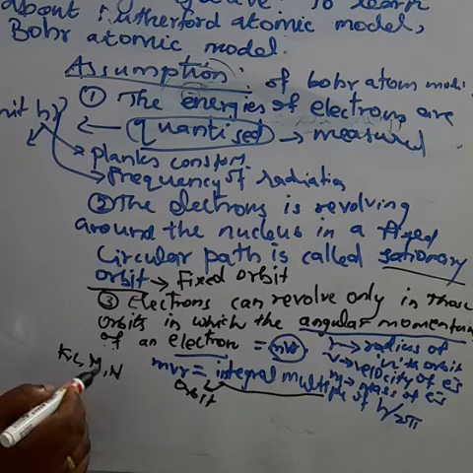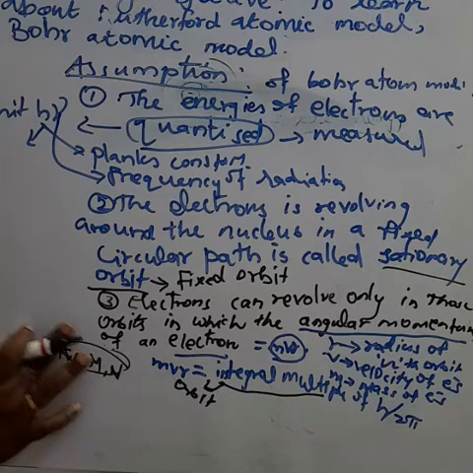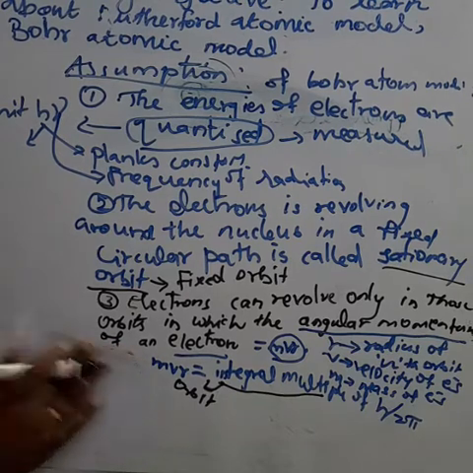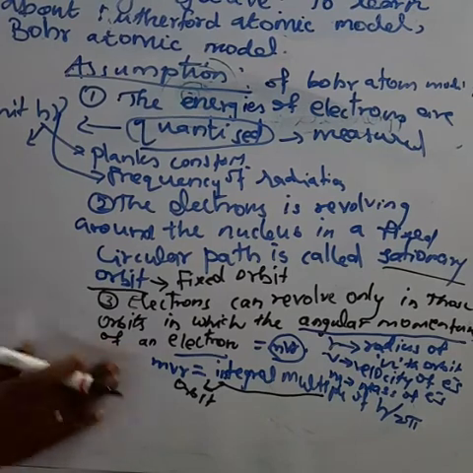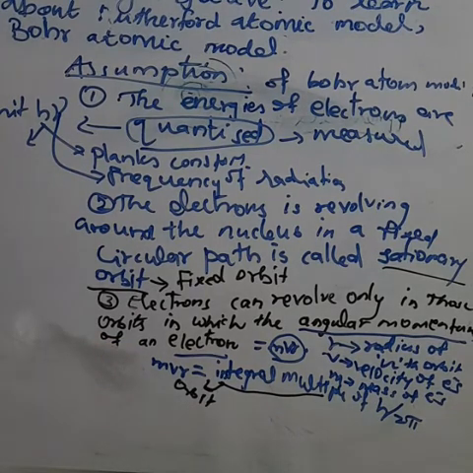When atomic number increases, and you know atomic number means the number of protons or number of electrons, the number of electrons also increases, and the number of orbits also increases.